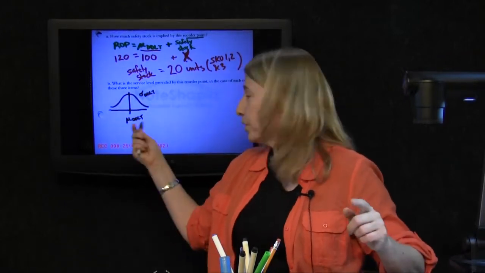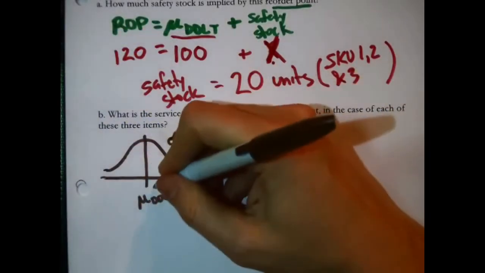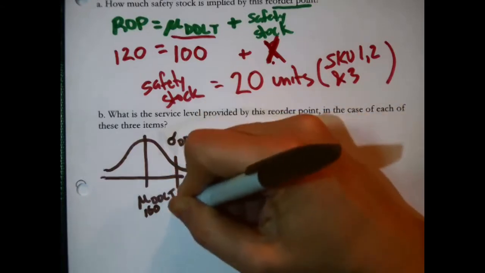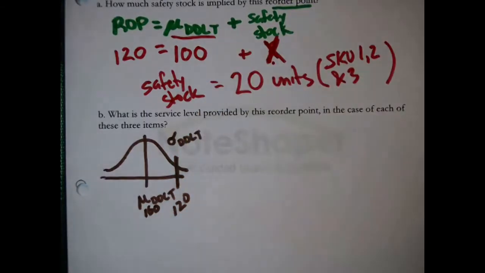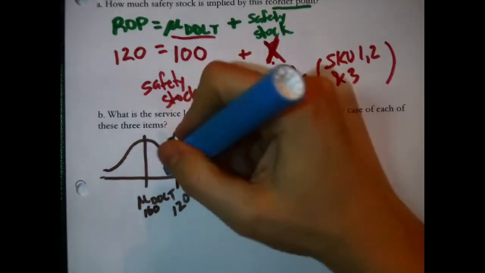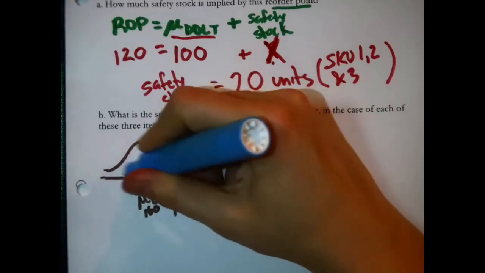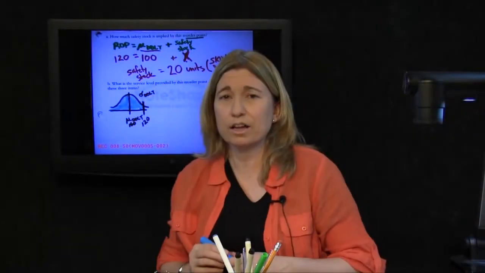And I can keep going with the image because the average demand during lead time here was 100. And we have just placed a cut, in essence, on that distribution with the reorder point of 120. Now, what do I mean by that? I wanted to illustrate the service level.